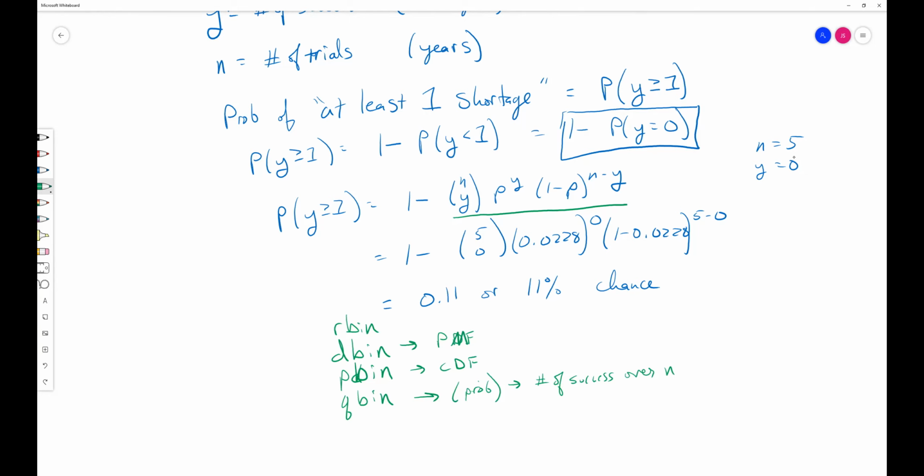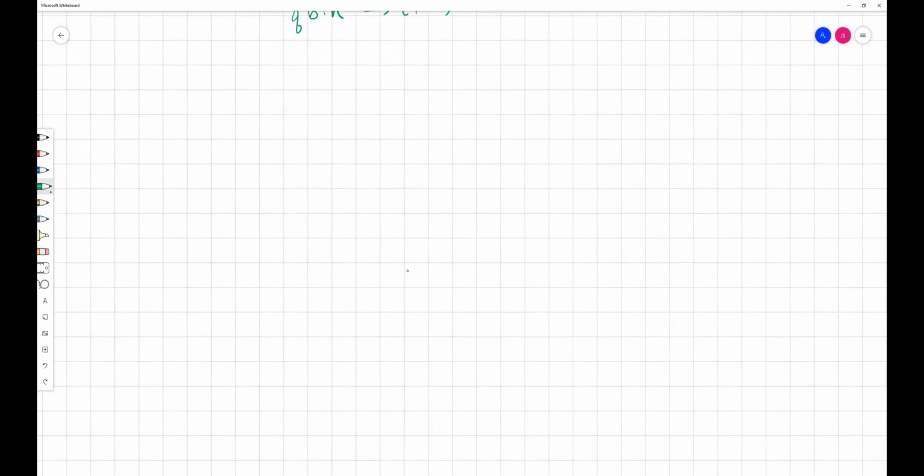Okay, so let's do this calculation in R. And we had 1 minus the probability that y is equal to 0, right? That's the probability that y was greater than or equal to 1. In R, we would say that this is just 1 minus dbinom, because this is our PMF.